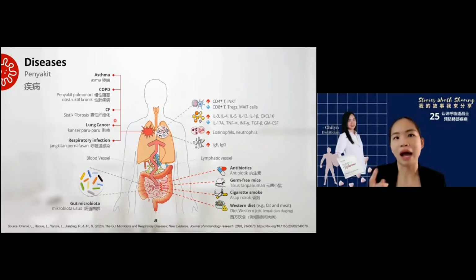And then there's cancer as well as various lung infections. Actually, all these respiratory diseases are related to our stomach and large intestines. So that is why the large intestines are correlated with probiotics.